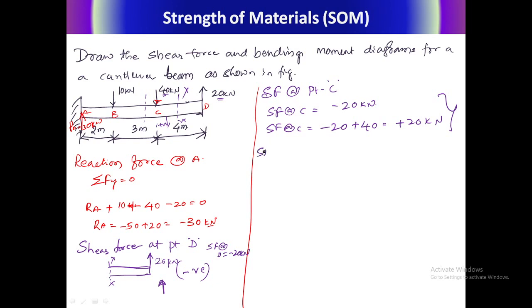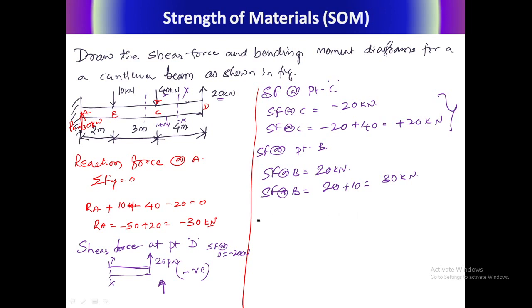Next, shear force at point B. Shear force at point B is 20 kilonewton before consideration of the 10 kilonewton load. After consideration of the 10 kilonewton load, 20 plus 10, it is 30 kilonewton.